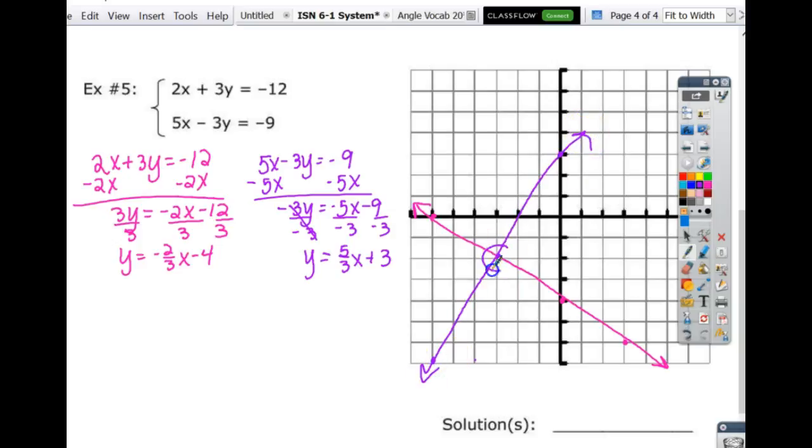So they cross right here, and that's at (-3, -2).